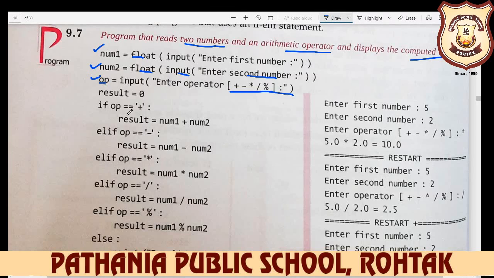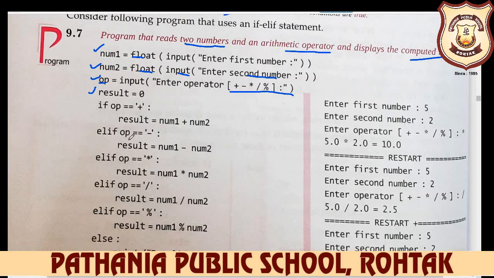Okay, so we take one more variable here, result is equal to 0. So the starting value starts from 0. After that, if option is equal to plus, then number 1 plus number 2, and print num1 plus num2 is equal to the answer of plus.